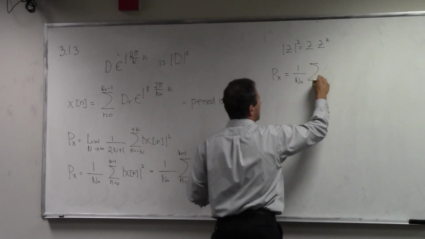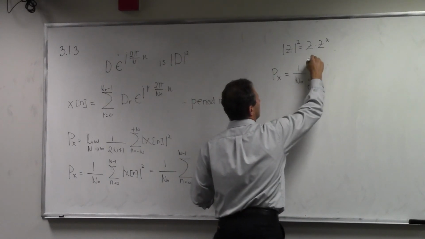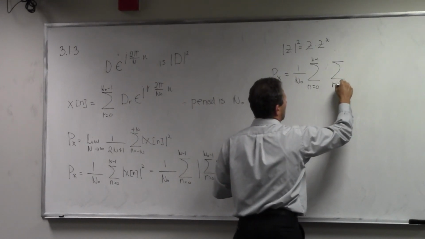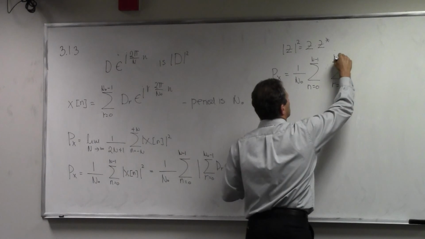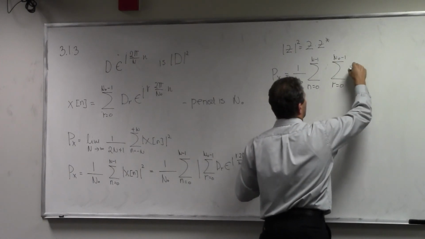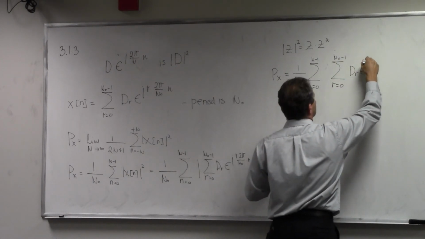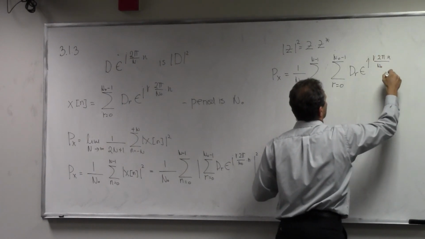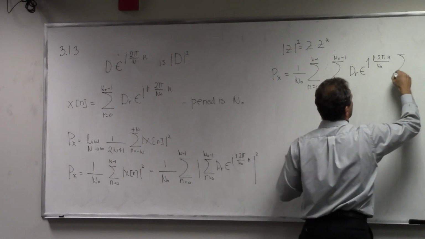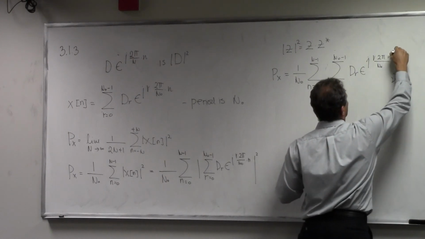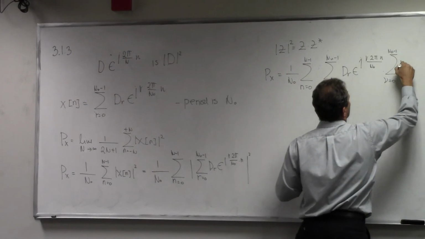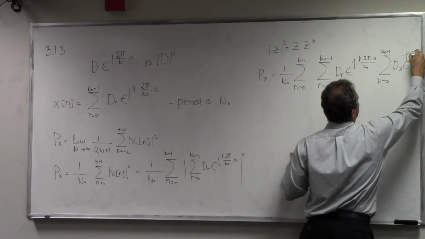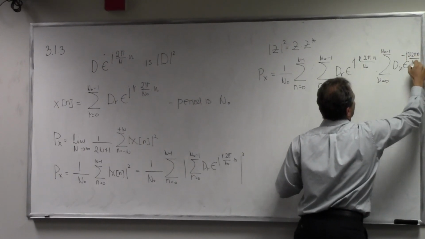And then there's first a sum over n, from 0 to N0 minus 1. And I'm going to have a second sum over r, from 0 to N0 minus 1, of d_r e to the j r 2 pi n over N0. And then times a third sum, let's say nu from 0 to N0 minus 1, of d_nu e to the minus j nu 2 pi n over N0.